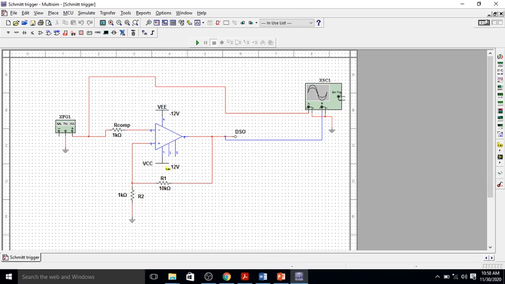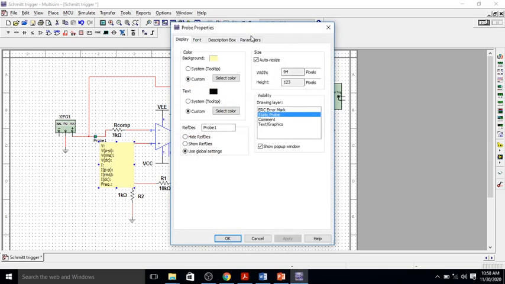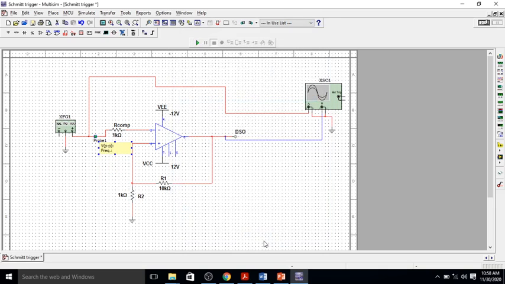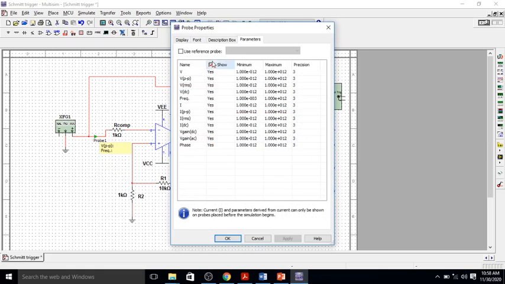We will apply a measurement probe so that we can easily calculate the frequency as well as peak to peak voltage. Then we will apply the measurement probe at the output, and we will observe the frequency as well as peak to peak output voltage.